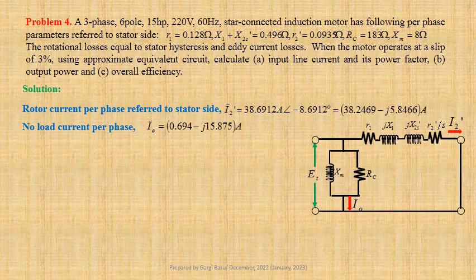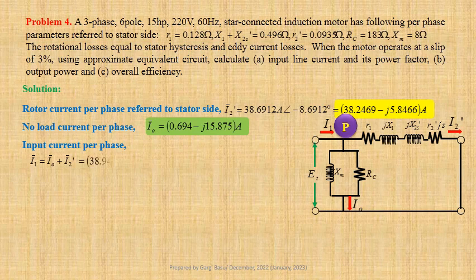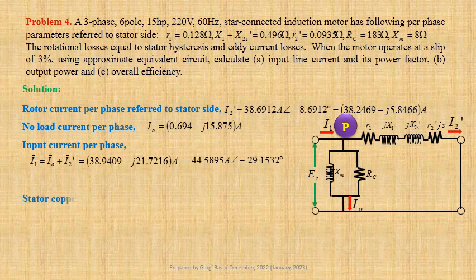Applying Kirchhoff's current law at node P, we get input current per phase I1 equals I0 plus I2 dash. Using values we get 38.9409 minus J times 21.7216 ampere. This may be written in polar form as 44.5895 ampere at an angle minus 29.1532 degree.